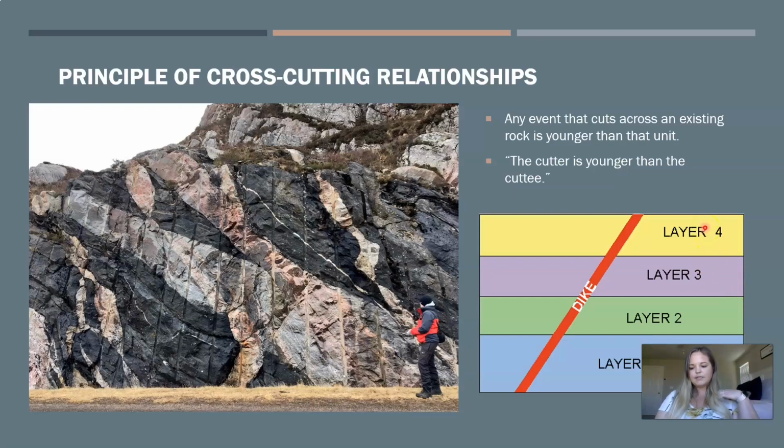So all of these layers here are older than whatever is cutting through it, whether it's this dike, an igneous intrusion of some sort, or it's a fault. Okay, and we'll practice that a little bit more. But if it cuts through the layer, then the layer had to be there before it could cut through it. Okay.